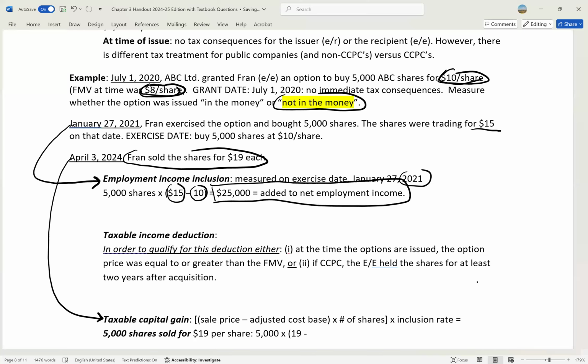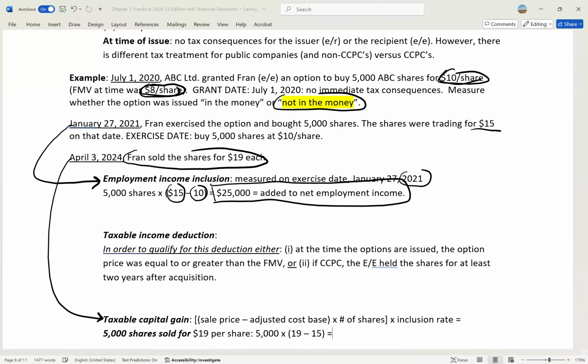So because she was taxed on that $5 per share, her adjusted cost base is actually going to be $15, not 10. Even though she paid 10, she had to include that $5 difference up to $15 in her employment income. She's going to be taxed on that, so she's going to get that added to her cost base. And so her adjusted cost base is going to be $15.